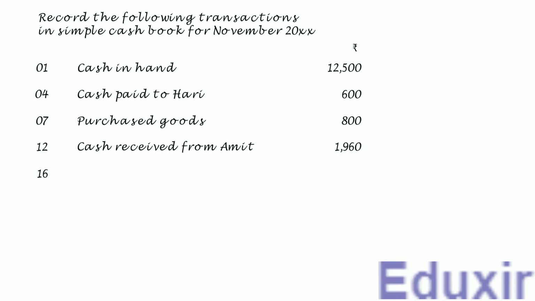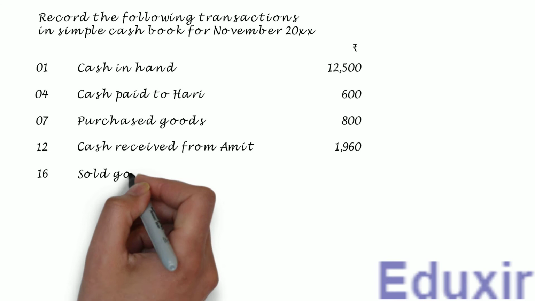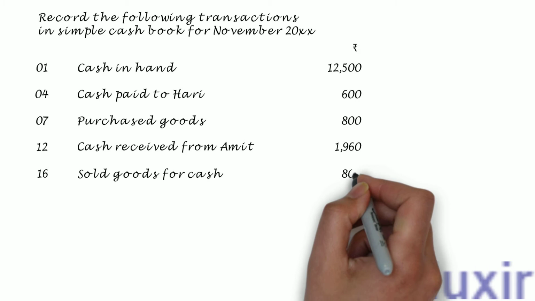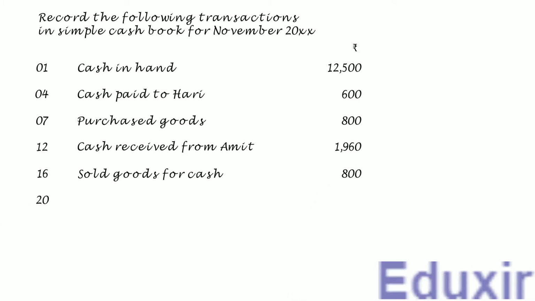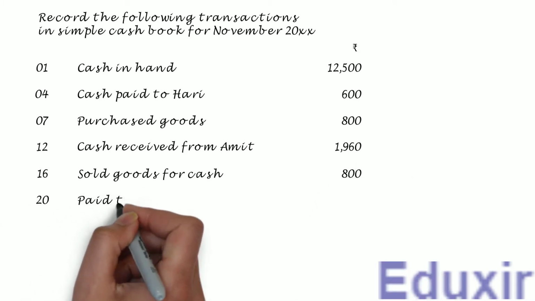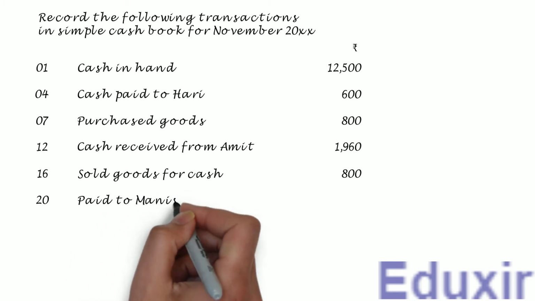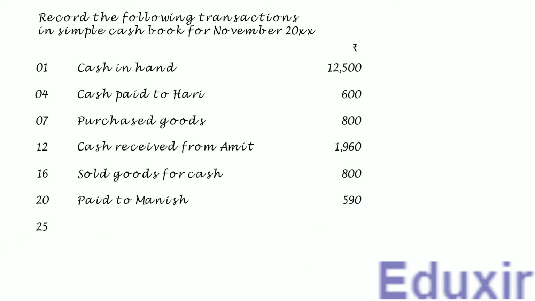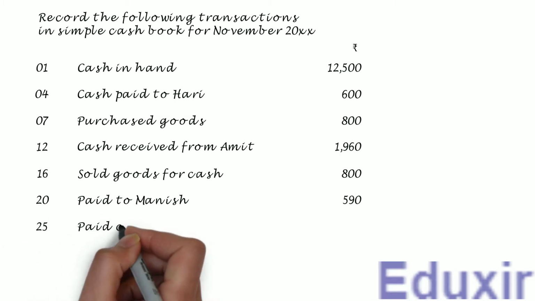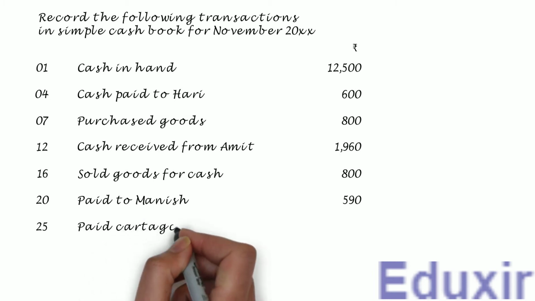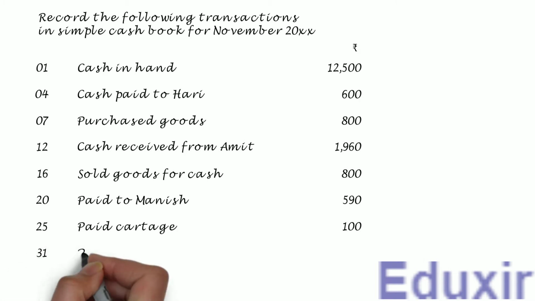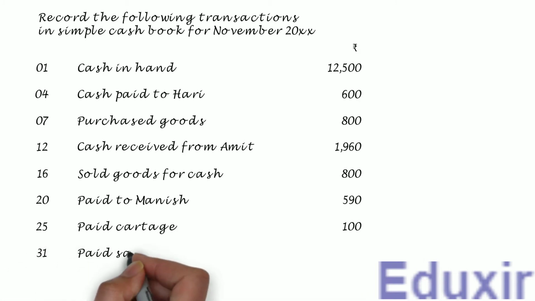On 16th November, sold goods for cash 800 rupees. On 20th November, paid to Manish 590 rupees. On 25th November, paid cartage 100 rupees. On 31st November, paid salary 1000 rupees.